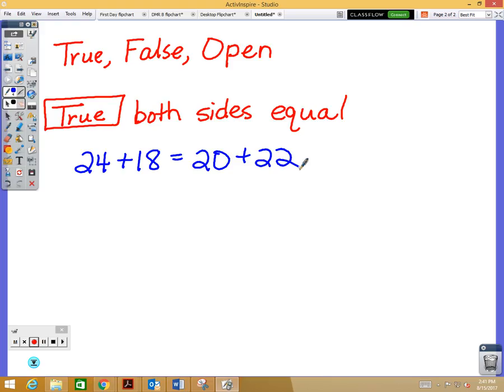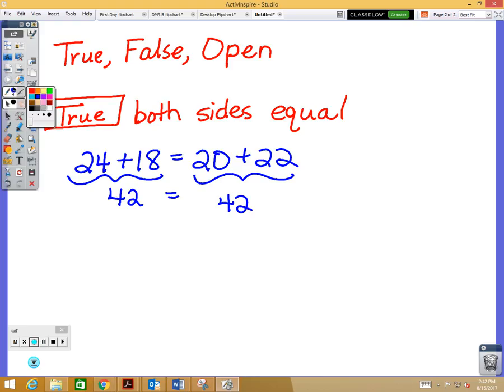Both sides equal what? Both sides equal 42. So again, both sides equal 42. So notice that there are no variables in this, are there? No variables. So an equation does not have to have a variable. An equation just needs to have an equal sign. And it has one.